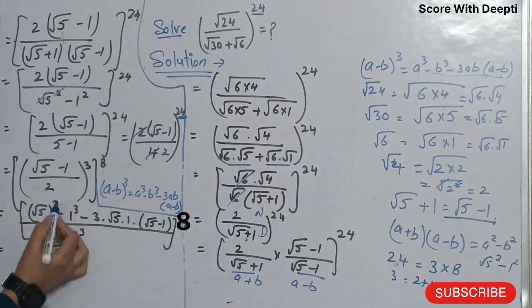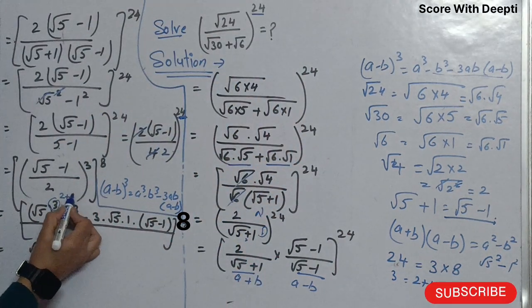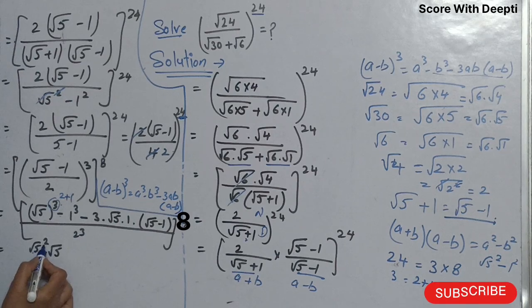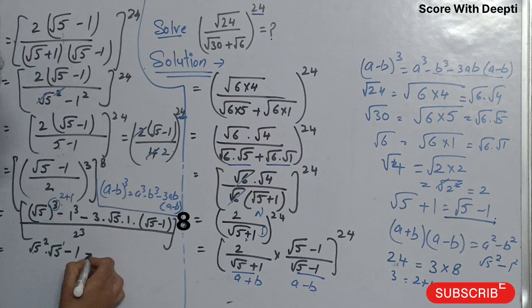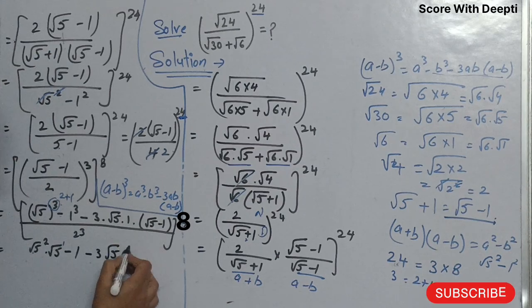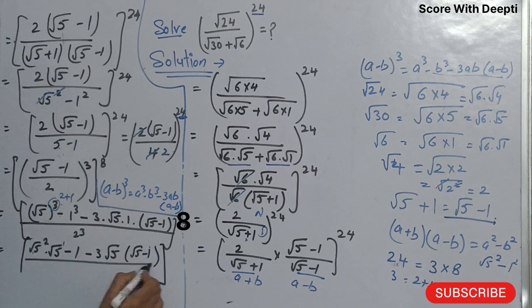In place of 3 we write 2 plus 1, so first we write √5 to the power 2, next we write √5 to the power 1. Next 1 cube equal to 1, minus 3 √5 multiplied with (√5 − 1), over 2 to the power 3, which is equal to 8, to the whole power.